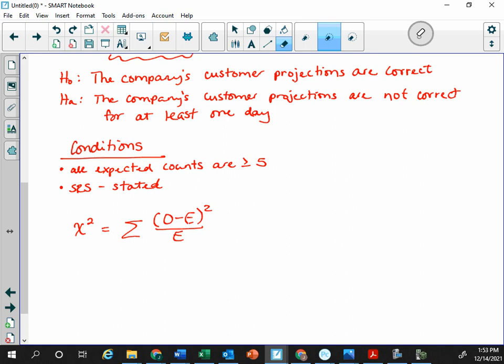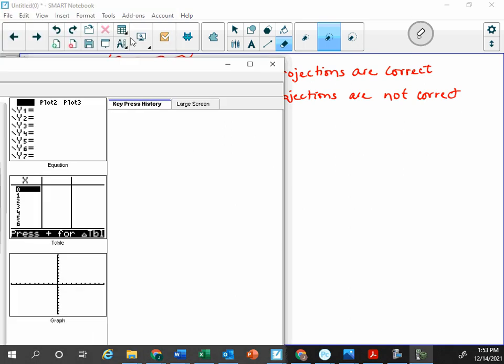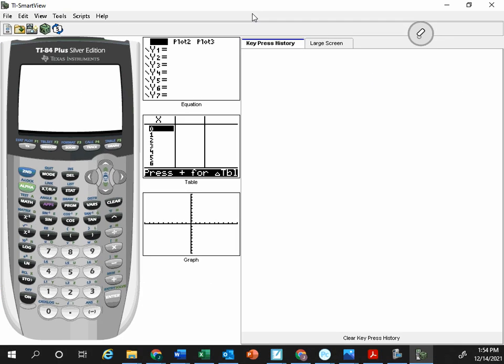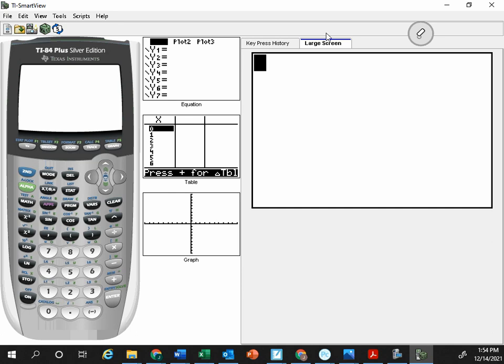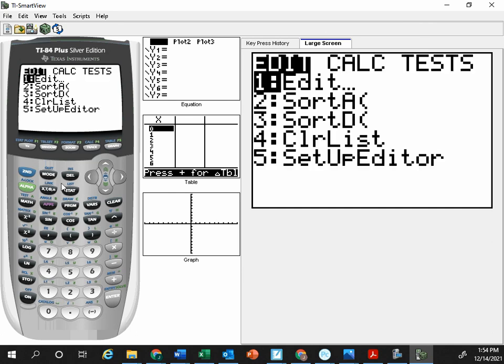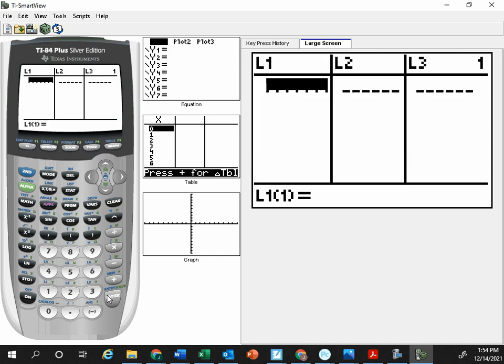All right, let me get my calculator over here. Okay, we're using lists this time, right? Where do I go to put lists in? Or you can just go right to stat and then edit it. So in list one, I want to put the observed.